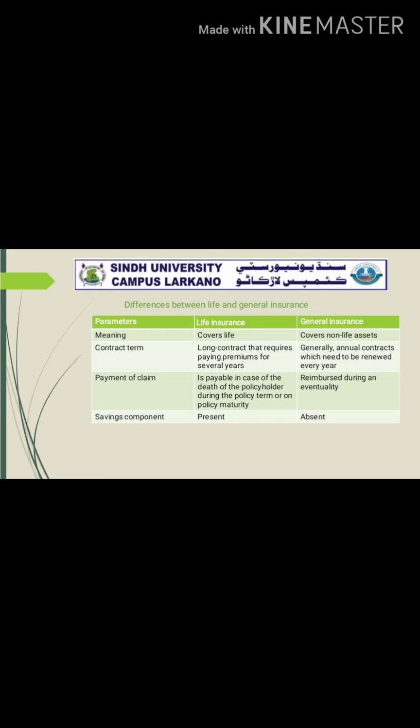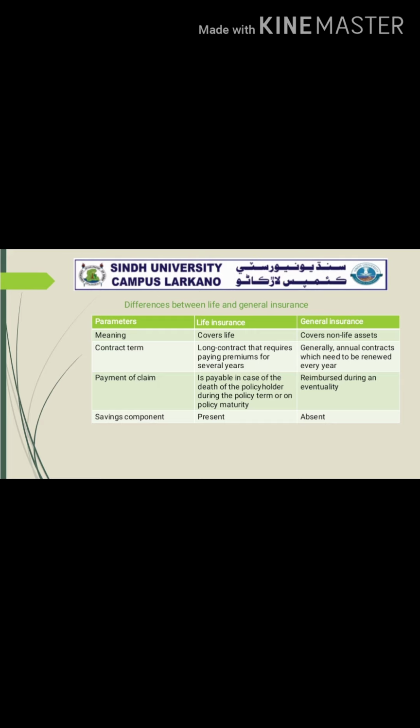Whereas general insurance is a contract of indemnity covering non-life assets. It is a promise to make good on your losses but with no savings or investment avenue. That is, if no claim is made, no part of the premium can be got back.